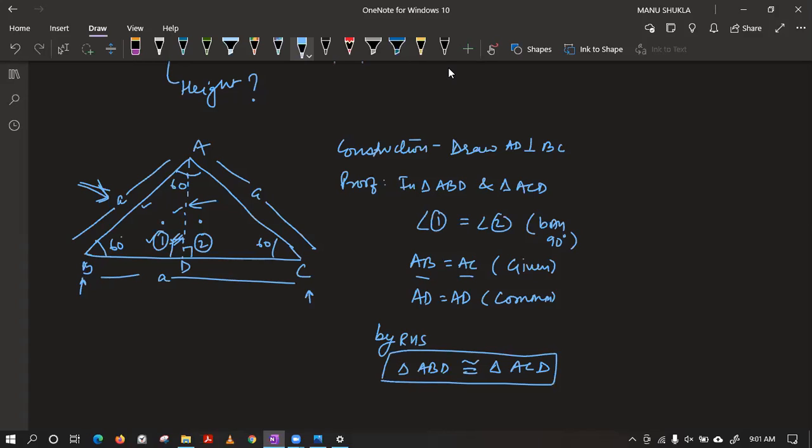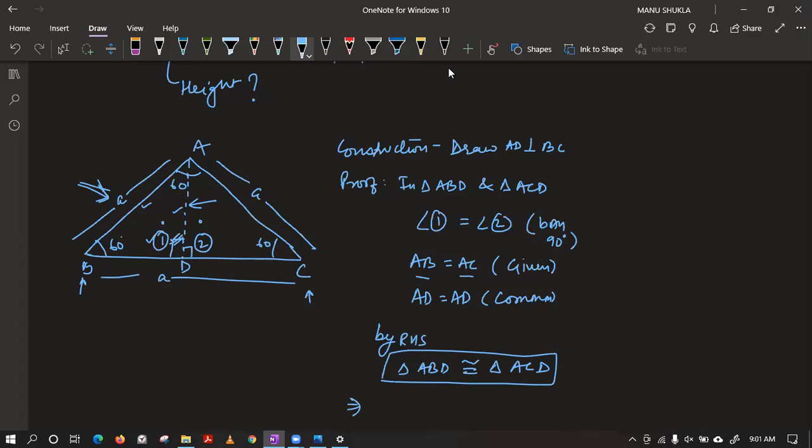Now, can we say that BD equal to DC? Class, please tell. After proving the two triangles congruent, can we say BD equal to DC? Why? How can we say that? Very good, Krishna. Others, please try. We have studied, after proving the triangles congruent, we can use the property known as CPCT, that is corresponding parts of congruent triangles.